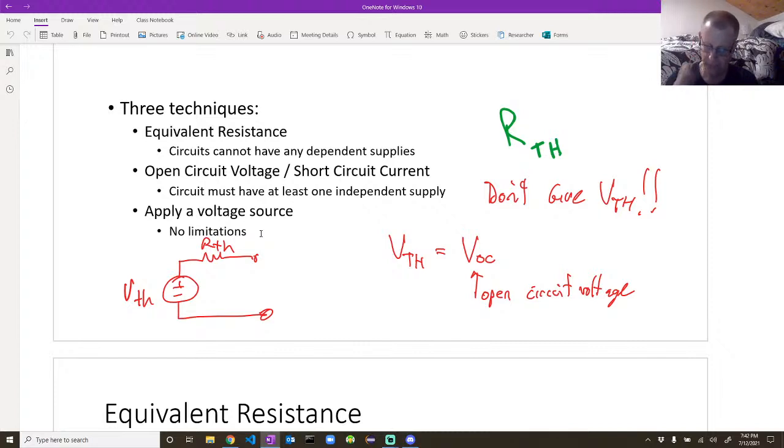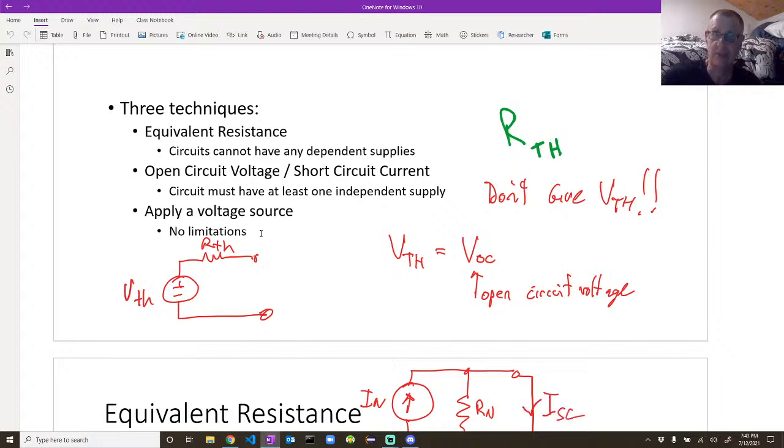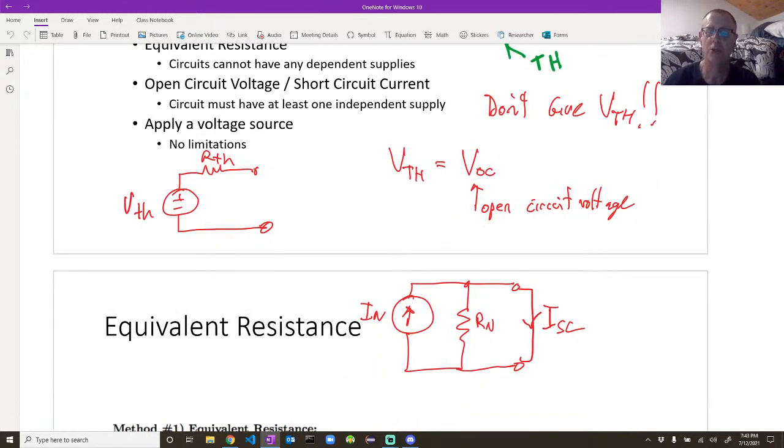And you could also, if you had a Norton equivalent circuit, put a short circuit across the outputs of the Norton equivalent circuit, and that gives you the short circuit current, which will be the Norton current.